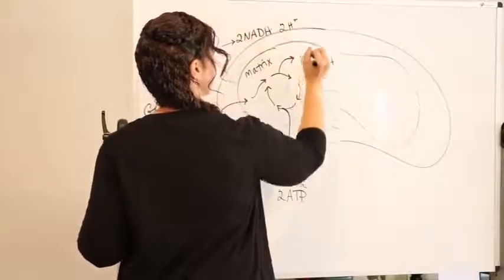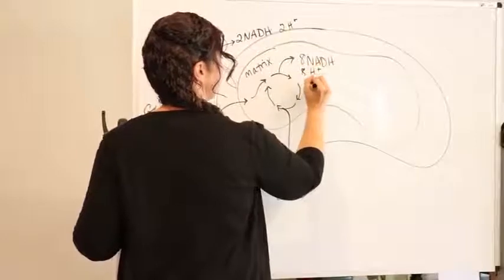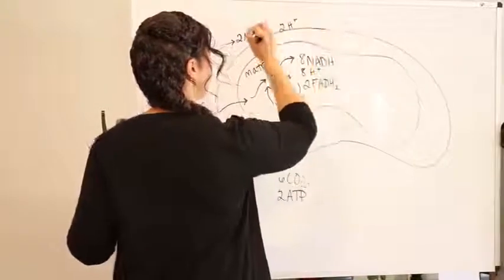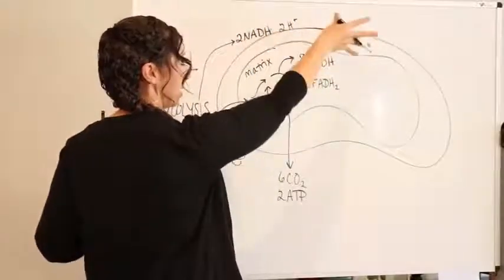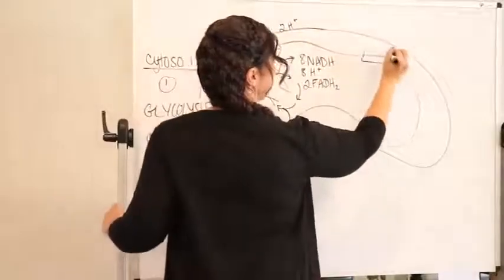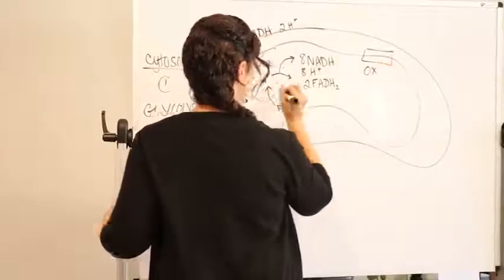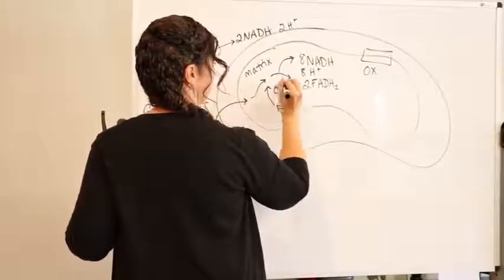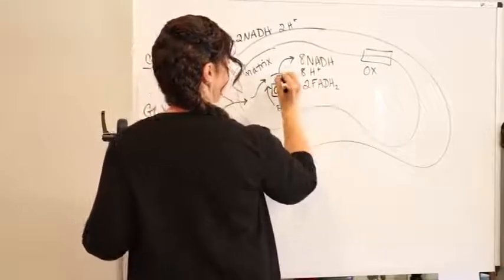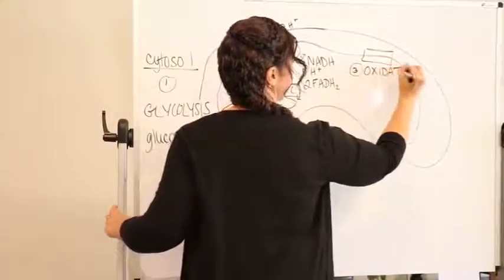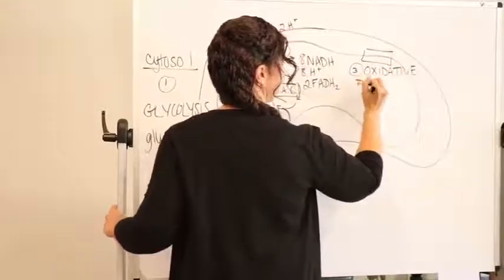And all of these are going to feed into oxidative phosphorylation. So this is the citric acid cycle, that's phase 2. And then phase 3 is oxidative phosphorylation.